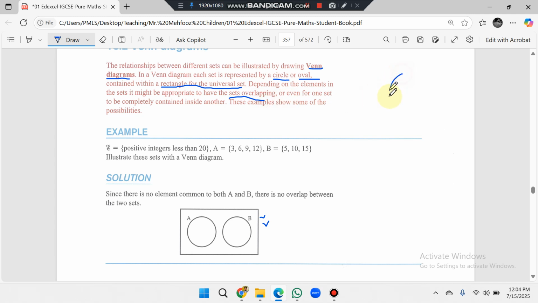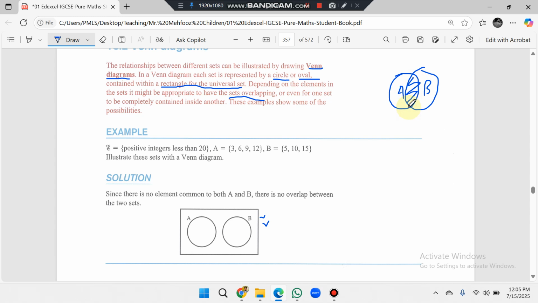Overlapping means that one set is here. Let's suppose this is set A and the other set is overlapping on set A. It means that this case is overlapping. Now this small region is overlapping, so that is called the overlapping of sets.